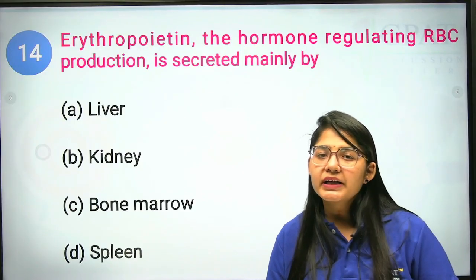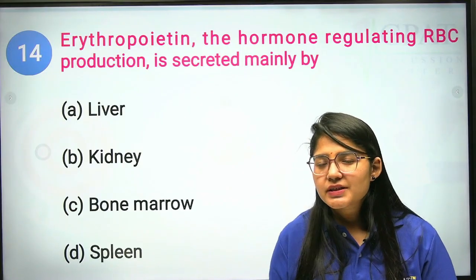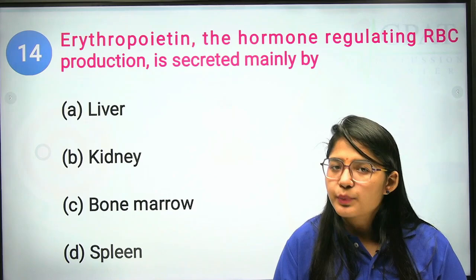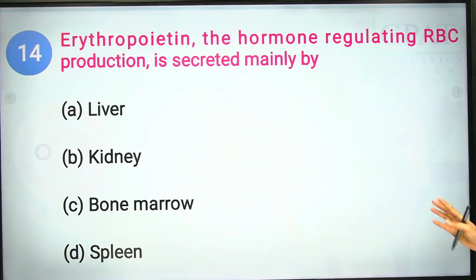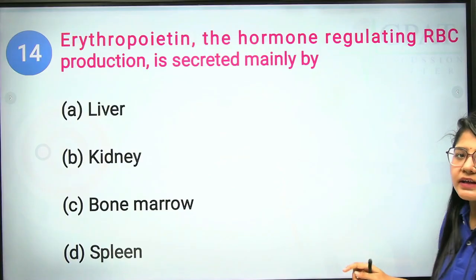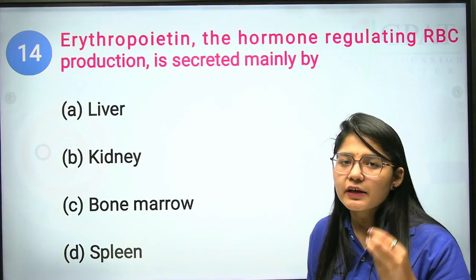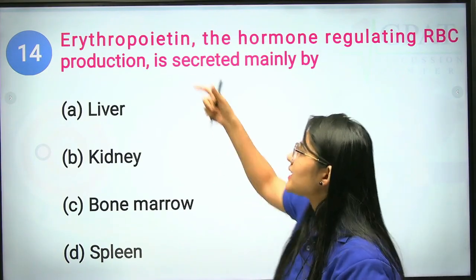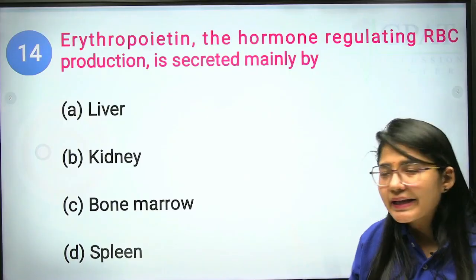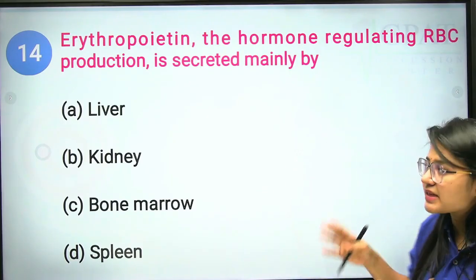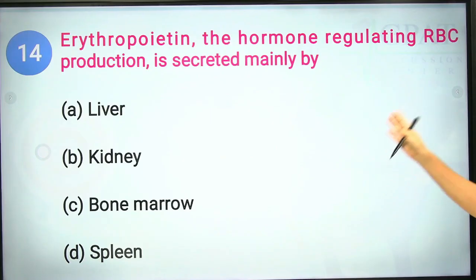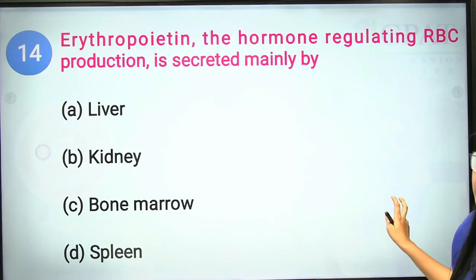It automatically leads that there is a deficiency in the red blood cells in your body, and when it detects that decrease, it automatically releases erythropoietin and indicates your bone marrow to produce more red blood cells. So yes, erythropoietin is produced in your kidneys.